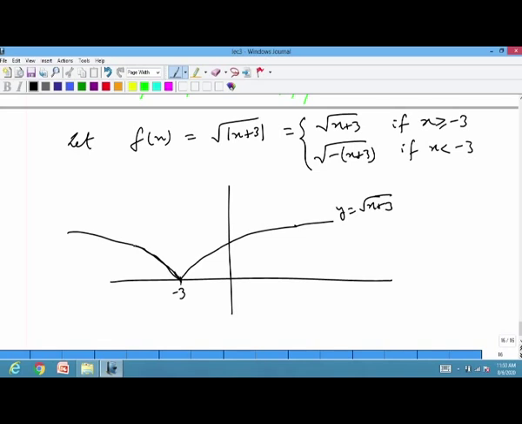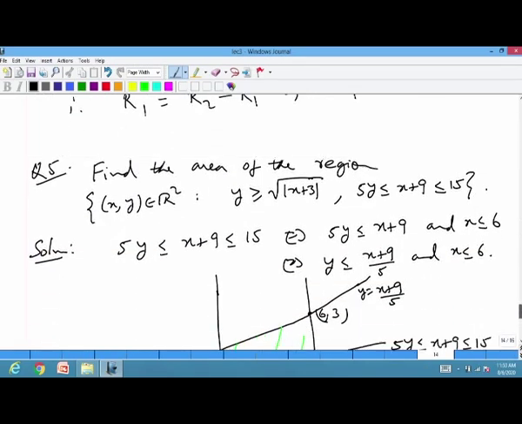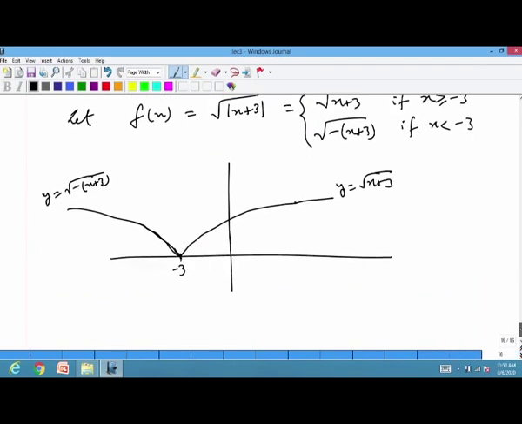So, this is the graph of f(x), this part is y equal to square root of minus (x plus 3). Now, what we have is the region is y is bigger than equal to f(x). So, y bigger than equal to f(x) will be the region above this. This is the region y bigger than equal to square root of mod (x plus 3).